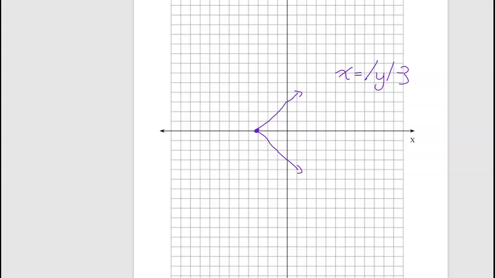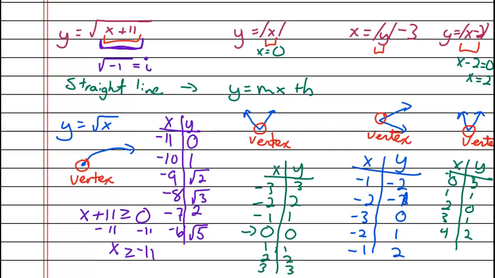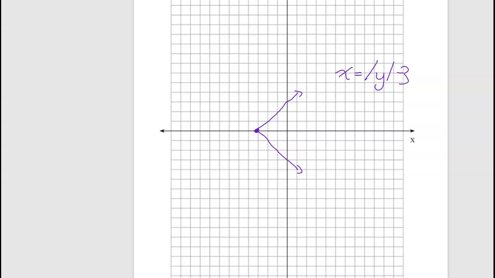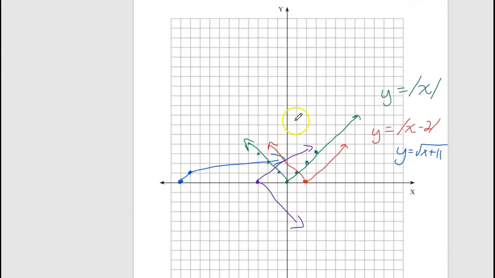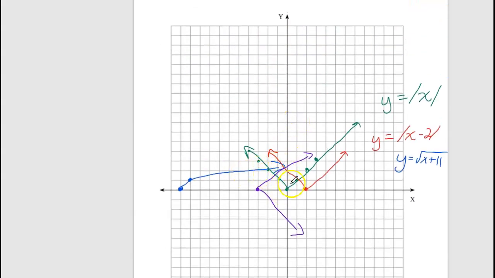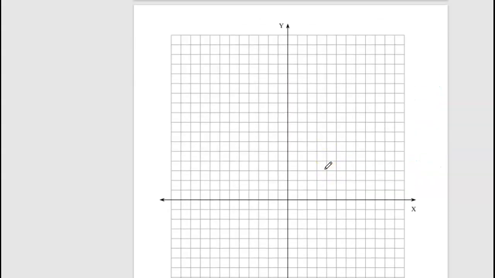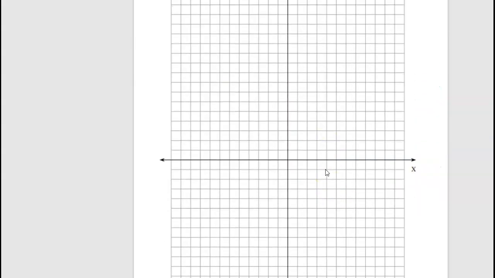So again, we have to be careful and make sure that we know the shapes of these. Make sure that you have that basic shape as you're going. Okay? Don't just draw one half of it. And definitely, one thing that I saw in some of yours was maybe you drew this part and then you just drew an arrow, or maybe you just left it.